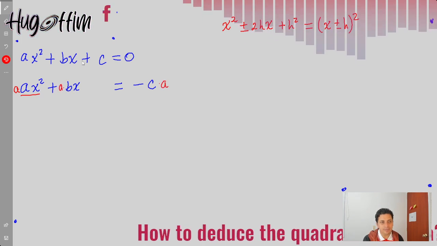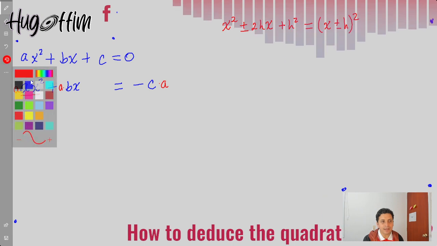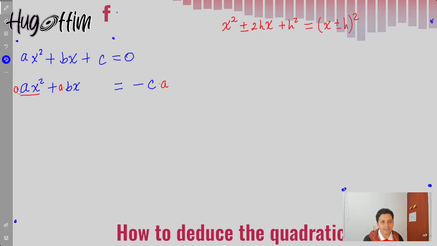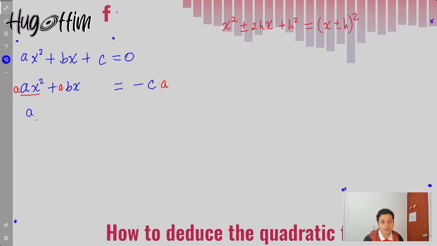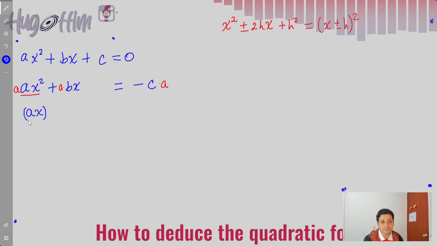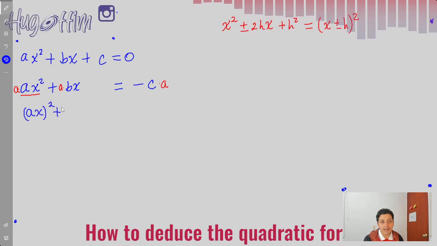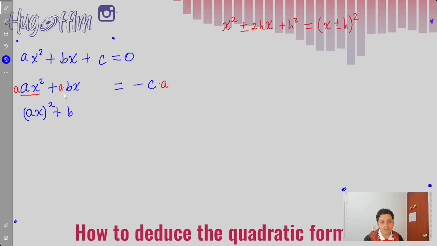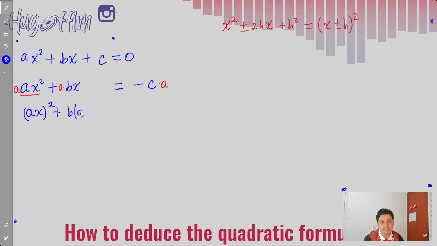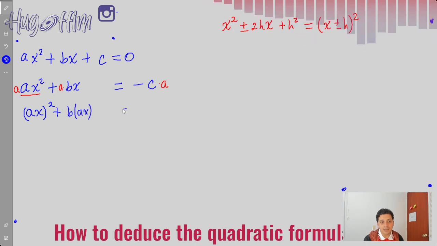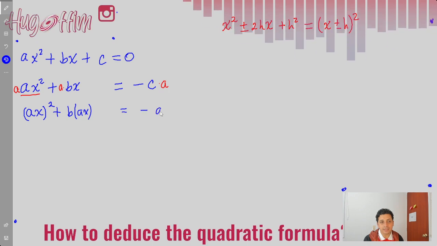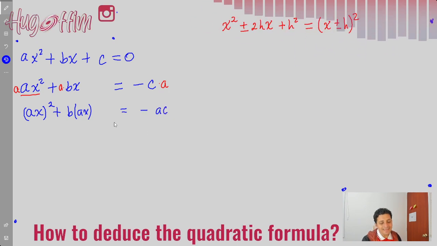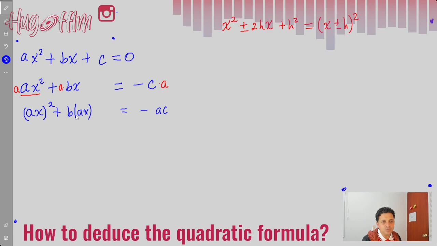After I multiply by a, I get a times x squared, so it's going to be a square, plus b times ax, equals minus ac.